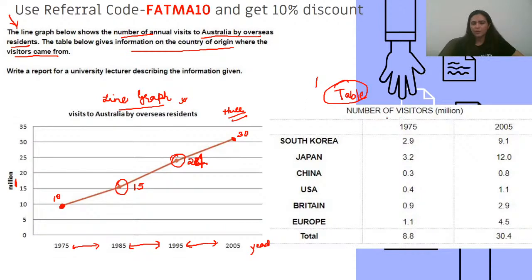So the table also has number of visitors in millions, and they have different country names listed here, and they are talking about 2 different time frames: 1975 and 2005. So ideally they are addressing it from the first period of time to the last period of time, right?